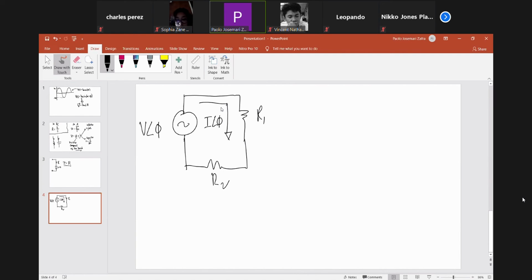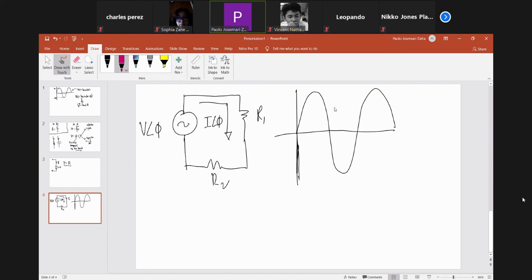Okay. So the reason that the phase angles of your voltage and your current are the same is because in a purely resistive circuit, the voltage and the current are said to be in phase. So meaning they peak at the same time. So for example, if I were to have a voltage here going that way, and if you were to superimpose the graph of your current, it would go something like this.